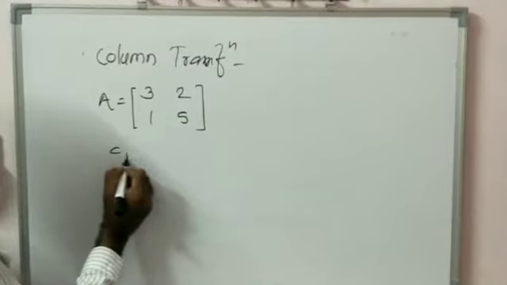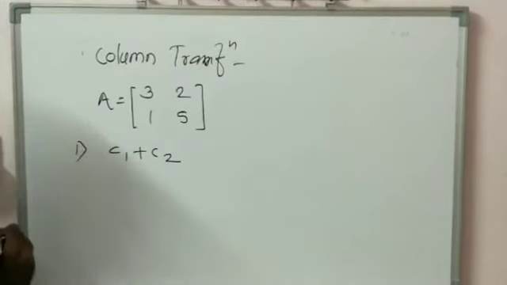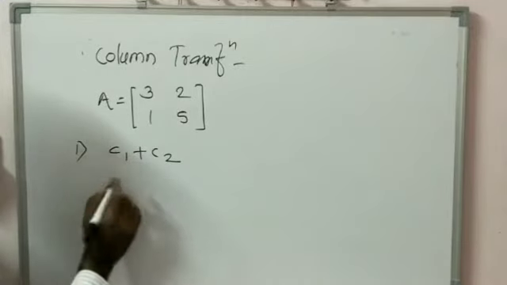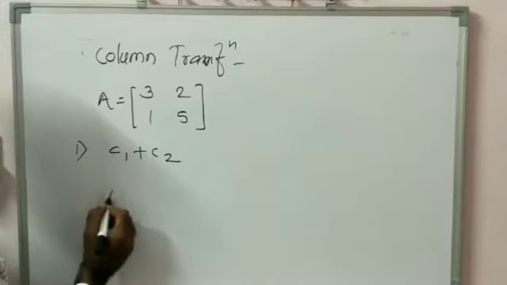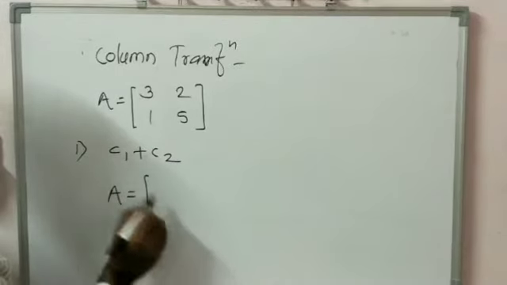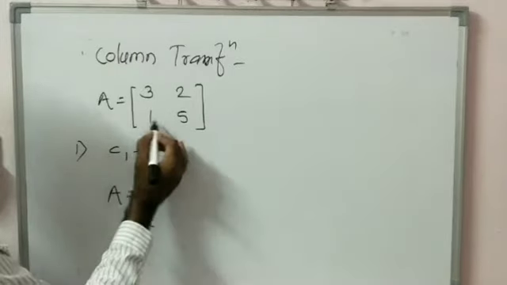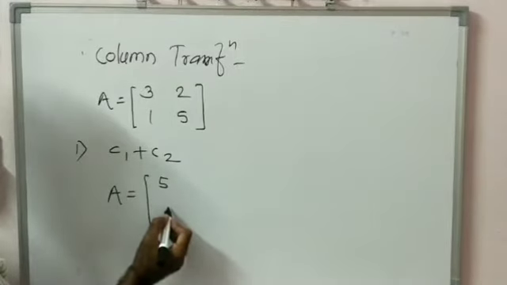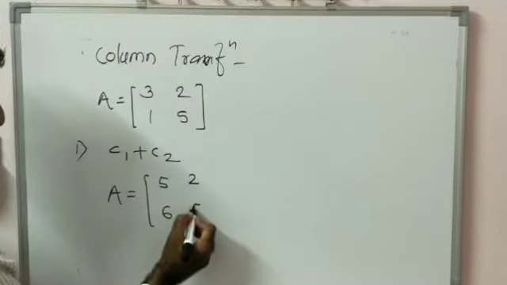Take C1 plus C2, like this operation. This is a column transformation, meaning addition of C1 and C2. So matrix A becomes C1 plus C2: 3 plus 2, 5, 1 plus 5, 6, and C2 as it is.